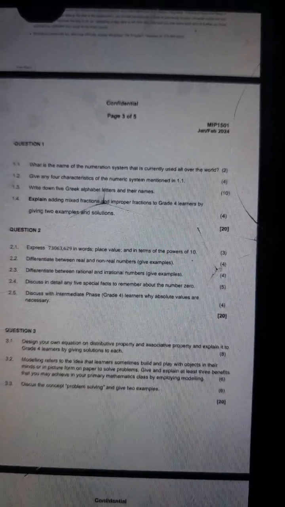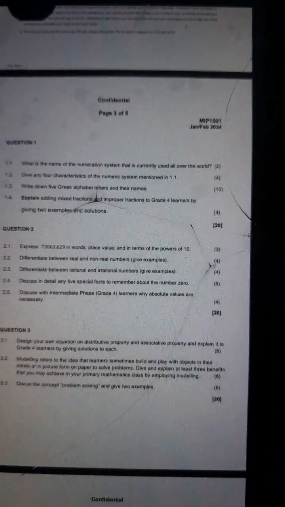You can add it to any number and it is that number. Maybe 2 plus 0 is still going to be 2, right? Another special fact about 0 is that it's neither positive nor negative. Then the third one, multiplying any number by 0 will be 0. Maybe if I say 2 times 0, that will be 0. 5 times 0, that will be 0.